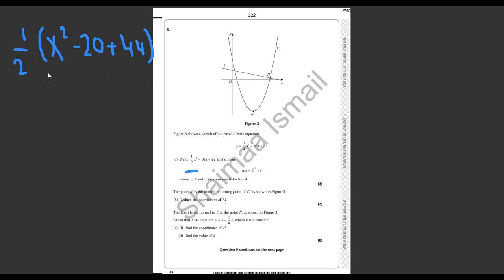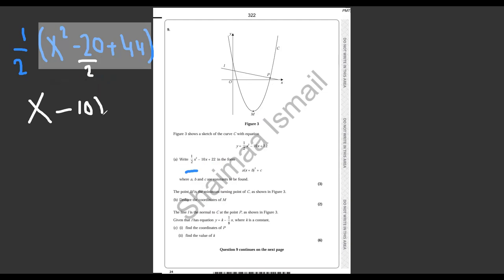Now we work on this bracket. x, this is b, we divide it by 2: x minus 10, squared.